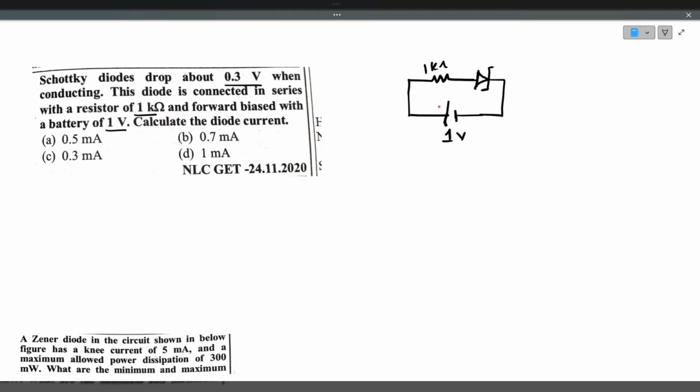The current I flows in this direction. I equals (1 minus 0.3) divided by 1 kilo ohm, where 0.3 is the cut-in voltage of the Schottky diode. That is 1 into 10 to the power of 3. So the current here is 0.7 milliamps. So the answer is option B.